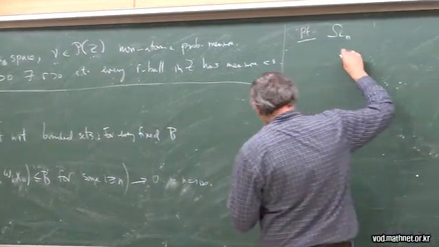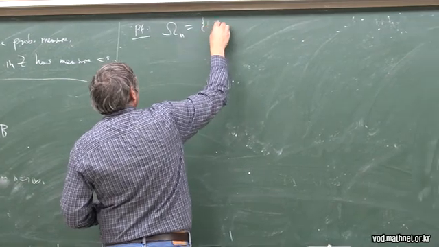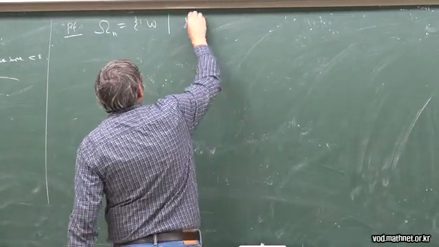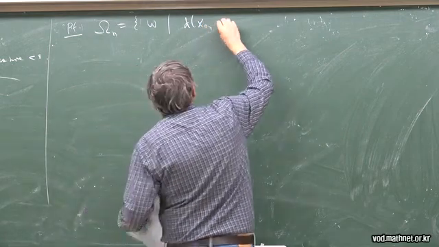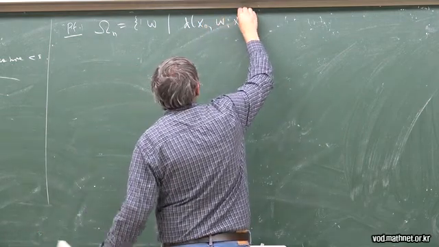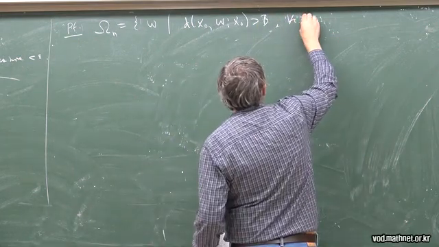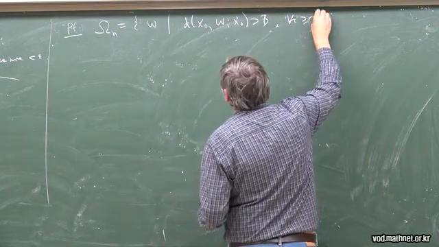This is going to be the set of paths such that the distance between x0 and omega_i of x0, so this is sort of the complement of that, is greater than b for all i greater than or equal to n.